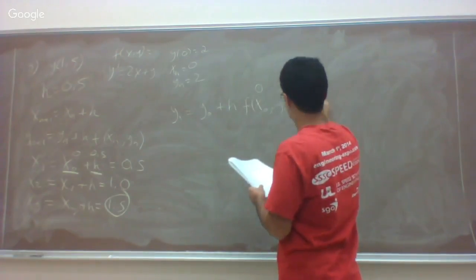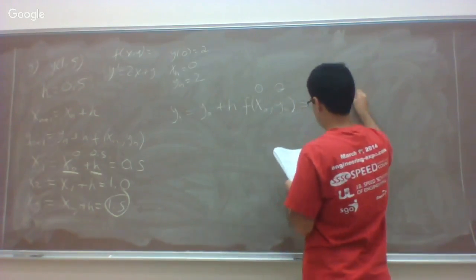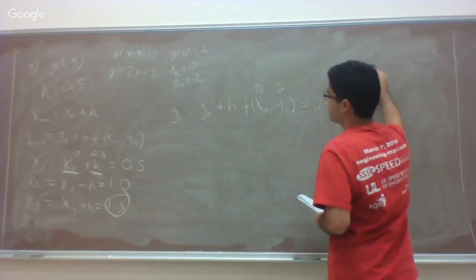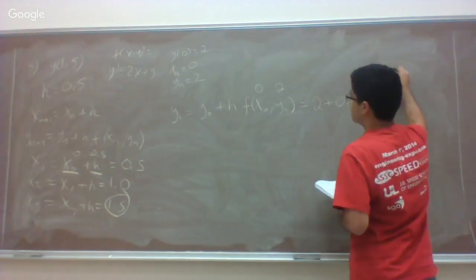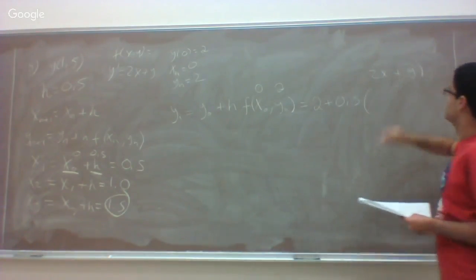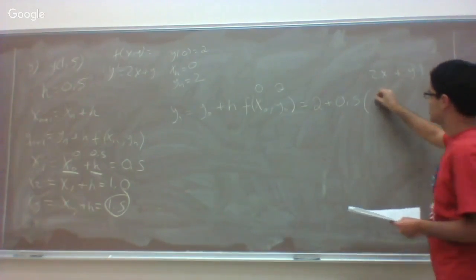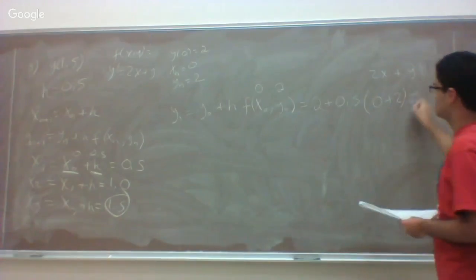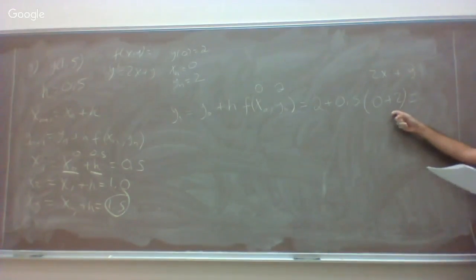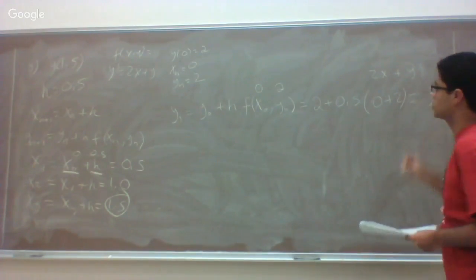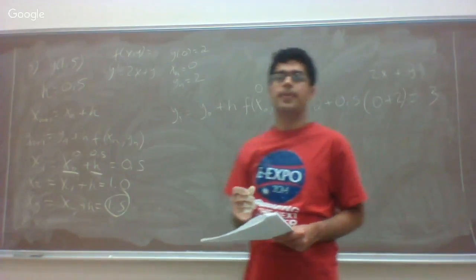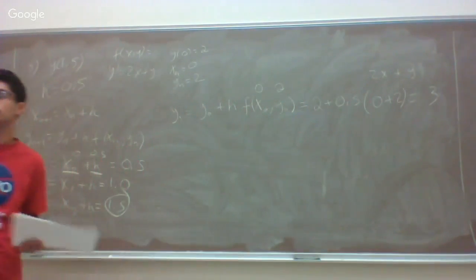This is equal to 2 plus 0.5 times, and my equation is 2x plus y. 2 times 0 is a 0. Y is a 2. So I have 2 plus 1. So this is equal to a 3. Does that make sense?